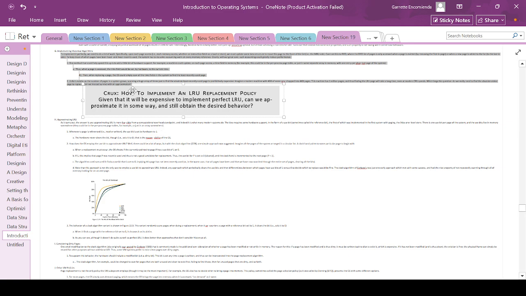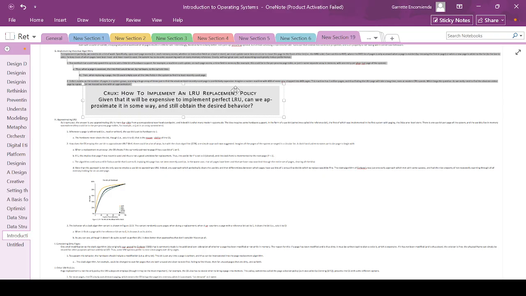Unfortunately, as the number of pages in a system grows, scanning a huge array of times just to find the absolute least recently used page is prohibitively expensive. So again, without great care, we can mess this up. Imagine a modern machine with 4 gig of memory chopped into 4 kilobyte pages.